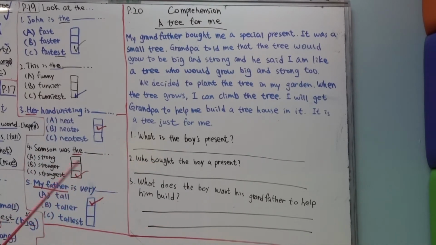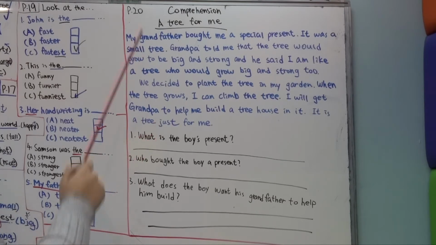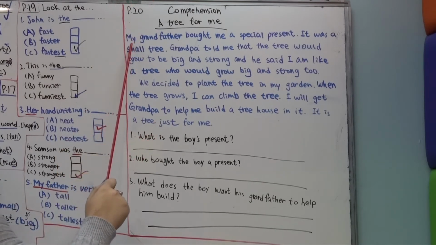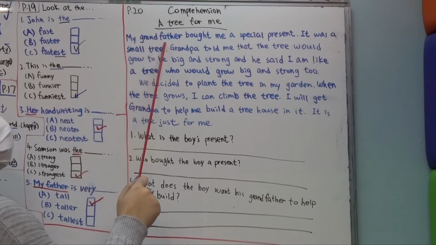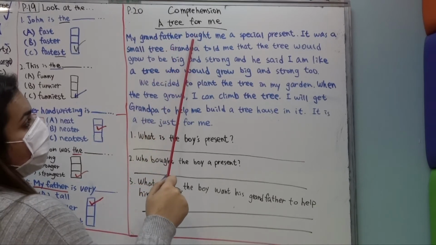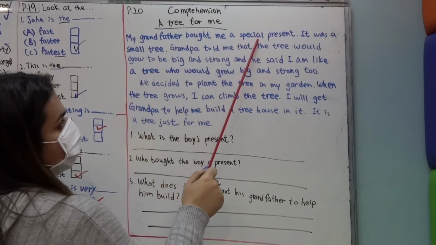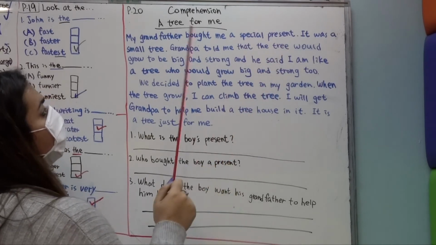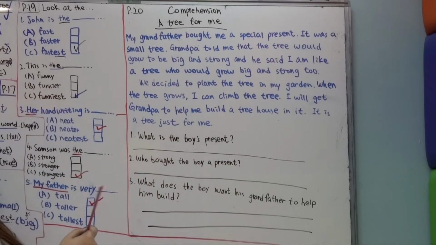Let's read together before we start with the comprehension. 1, 2, 3. My grandfather bought me a special present. Okay, so bought. Do you know what's the meaning of bought?